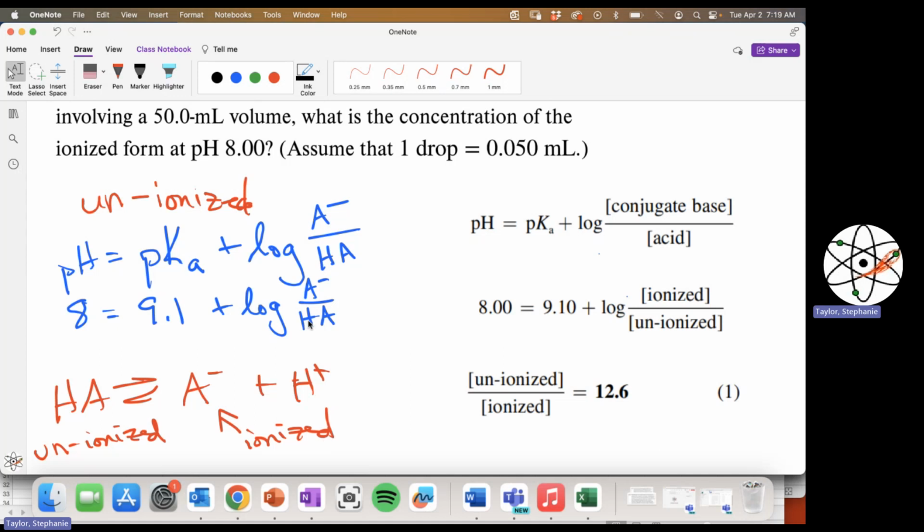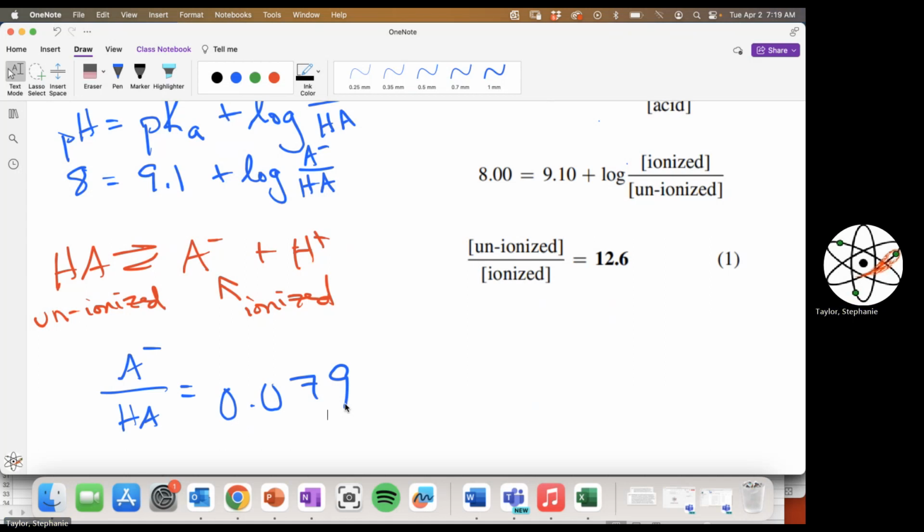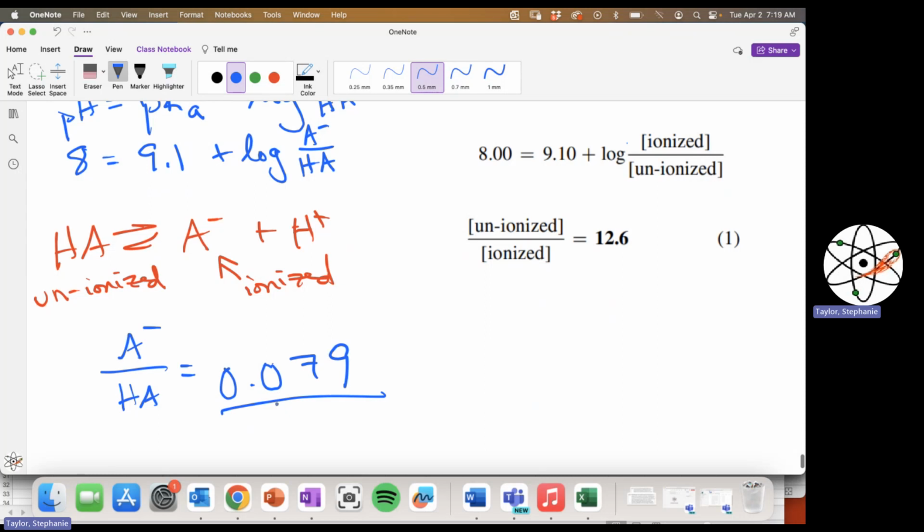I think they just flipped it around because oftentimes when we talk about ratios, we like beautiful whole numbers. So if you did the original, you would have gotten that A minus divided by HA should be equal to 0.079. And granted, it is me also trusting that the textbook did it correctly, which I should not trust. Yay, okay. So they did this, which technically is 0.079 over 1.